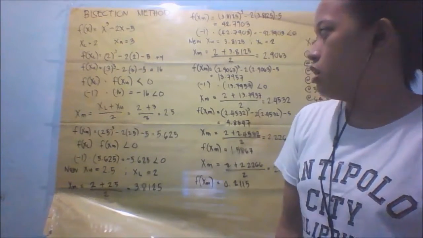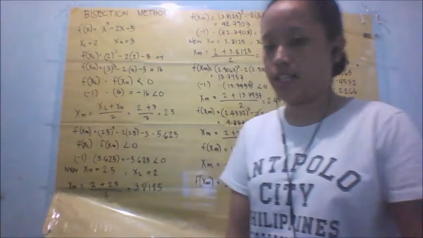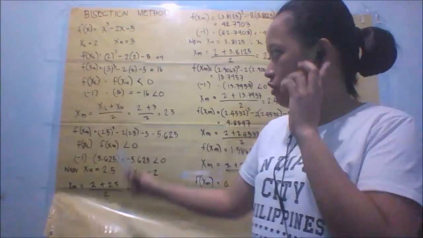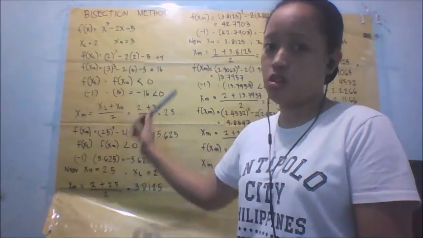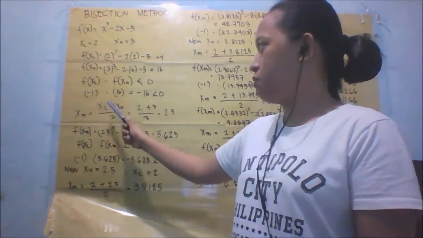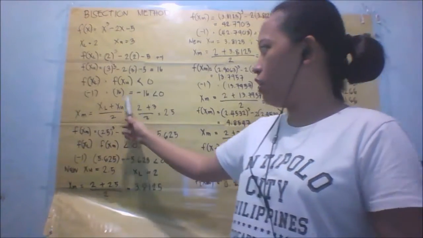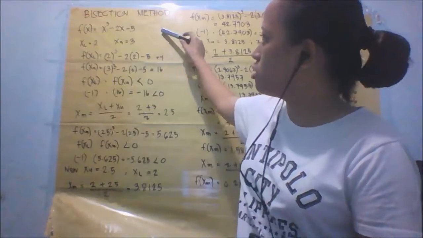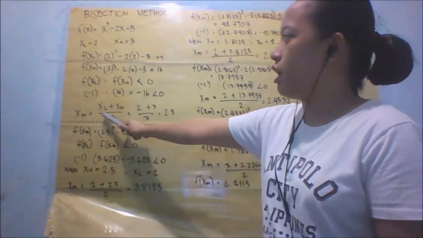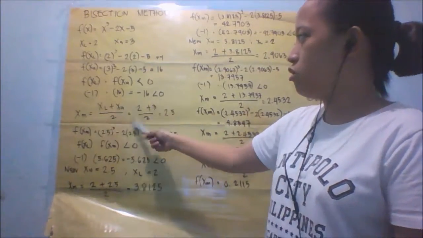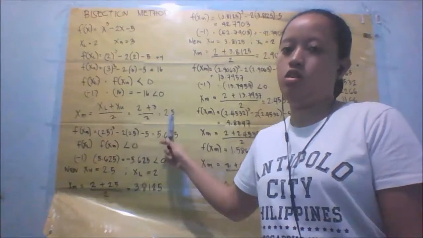Next, you have to get your midpoint, or your xm. The formula for getting the xm is xl, which is your lower, plus xu, over 2. So you substitute your values here so that you can get your xm. So xl plus xu, or 2 plus 3 over 2, is 5 over 2, or 2.5.